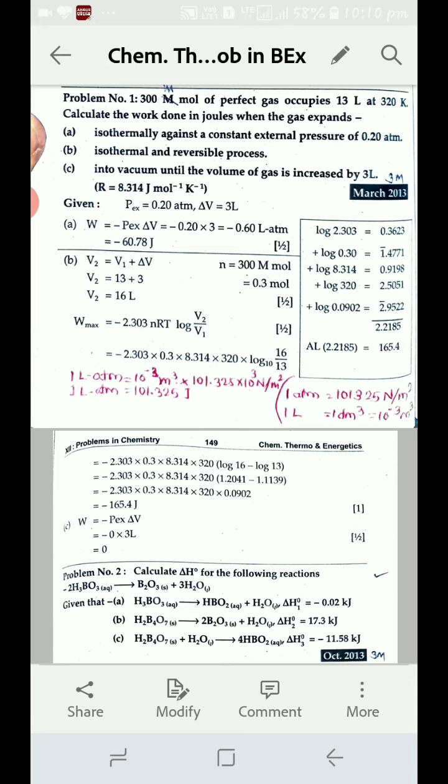It is given only in equation A, but the number of moles is 1 in equation A, and we want 2 moles. So multiply A by 2. If you multiply equation A by 2, your equation becomes 2 times H3BO3 gives 2 times HBO2 plus 2 times H2O. Then you have to multiply delta H1 0 by 2 also.